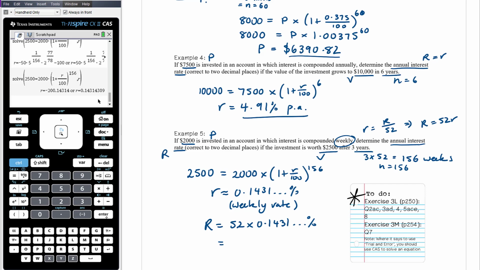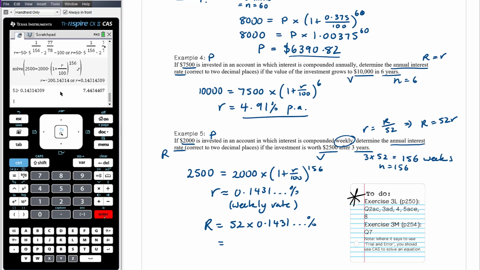I don't need to type in lots of decimal places. I could copy and paste, but there are 2 solutions, and it gets hard to use that number, so I'm just going to save myself some energy. I'll do 52 multiplied by 0.14314309, just typing in what I can see. So that is 7.44% to 2 decimal places.